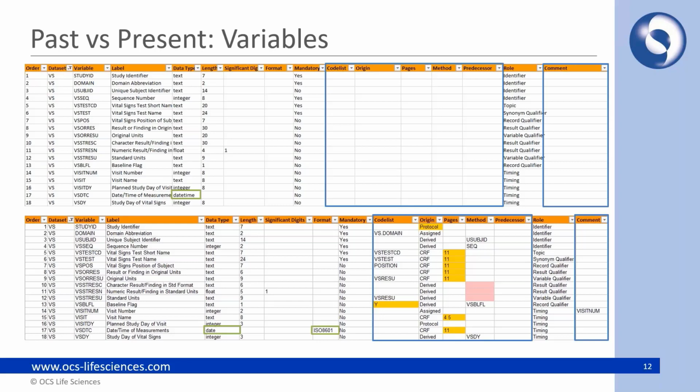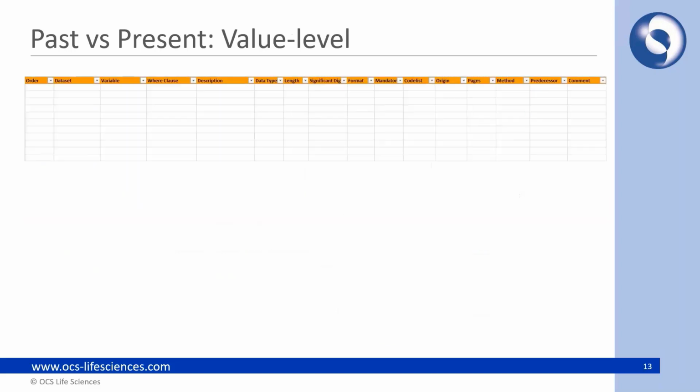So in this specific instance, our program can look at VSTDTC if you have data there and see that, okay, you don't have a time component. So this is most likely a date type and not a datetime. And it will also add the format. In this case, it's ISO 8601, like all date variables for SDTM. And that way we have a lot of information that's already automated, and this saves us a lot of time.